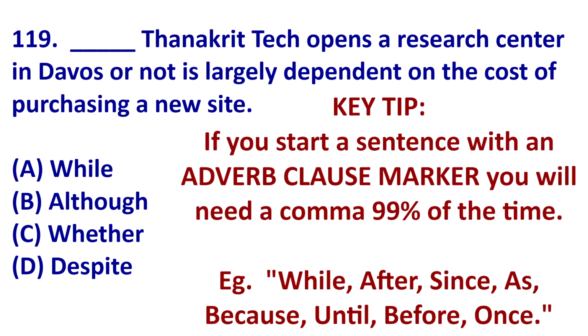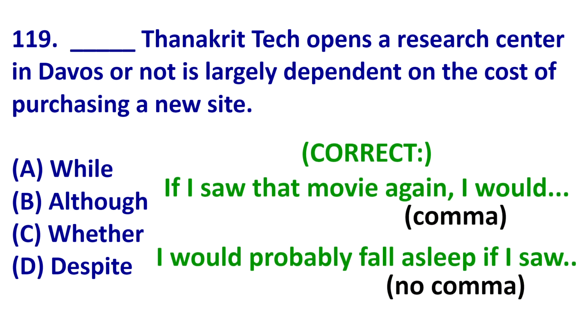Next, we can remove while, because if you start a sentence with an adverb clause marker, like while, because, since, after, if, you need to have a comma after that clause. For example, if I saw that movie again, comma, I would probably fall asleep. So if it starts with if, I have a comma after the clause.